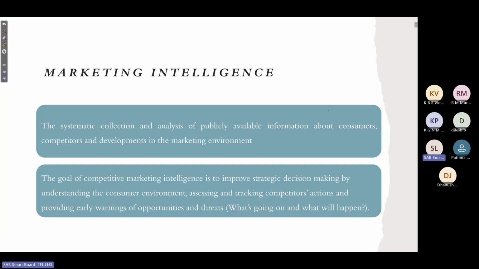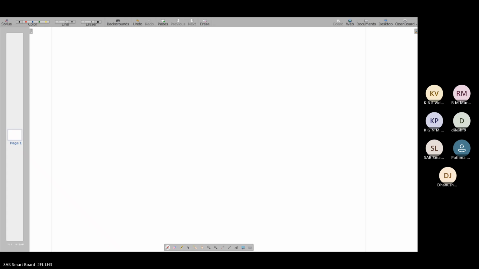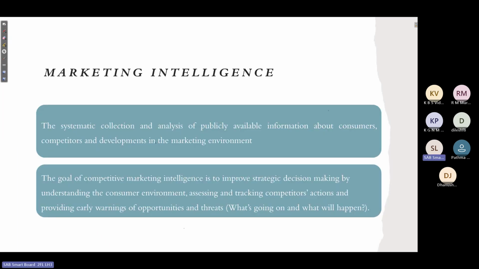I told you that internal data provides information about what has happened, which means it is all about the past data or the past records that we have in our organization. But when it comes to marketing intelligence, it provides information about what is happening now in the environment.